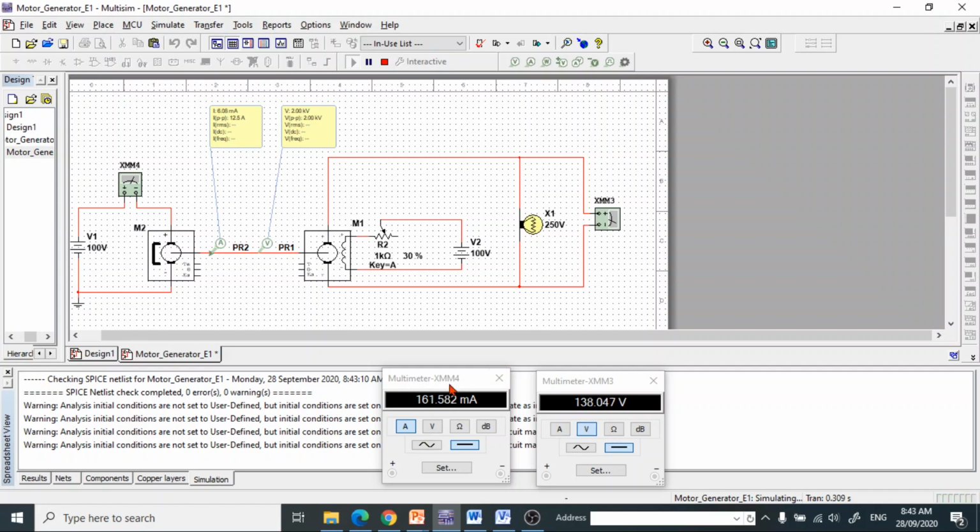Wait until the reading of the meters is stabilized, and then record the data. You notice that the speed remains constant, the output torque increases, and the current drawn by the DC motor also increases.